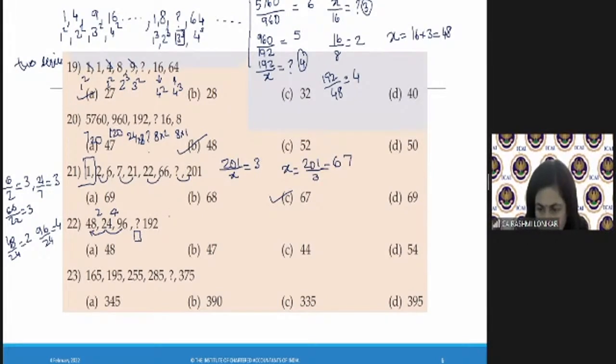So 96 divided by x should be equal to 2, and 192 divided by this x should give me 4. So x will be equal to 48. 96 divided by 2 is 48. Now let me see. 192 divided by 48 is 4. Okay, so 192 divided by 48 is also 4, which is correct. Okay, so my number is 48.